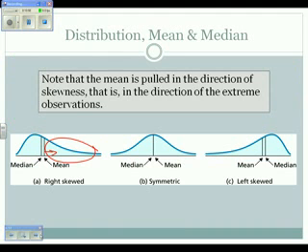And if we have left-skewed data, our mean gets pulled more to the left. Whereas if we have perfectly symmetrical data, our mean and our median will be the same. So the mean actually gets pulled more than the median when we have skewed data and extreme data values.